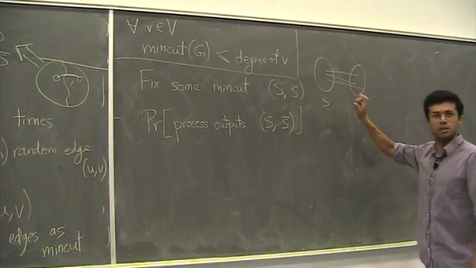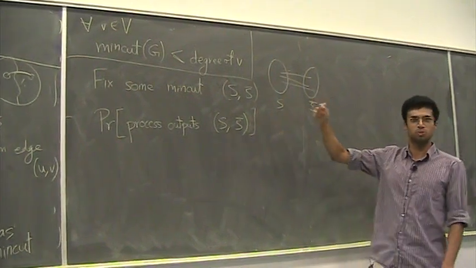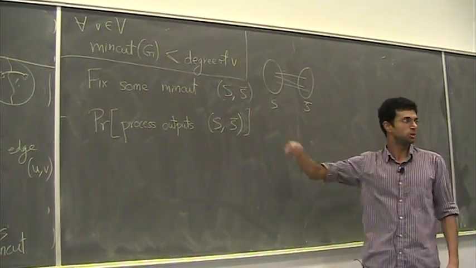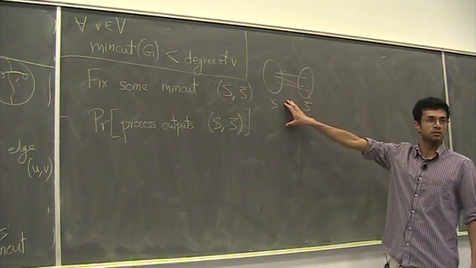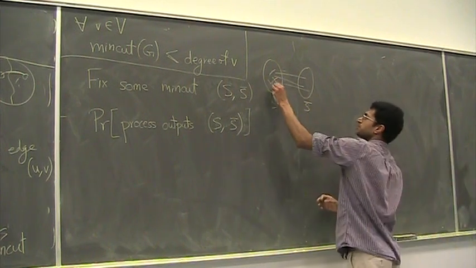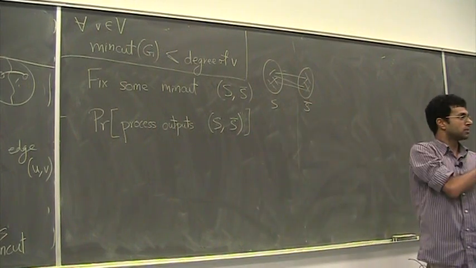So can you think about what that means? Every time you're picking a random edge, what is it that you want or do not want to happen? Here's the specific cut, here's some graph. You're picking a random edge and you're going to contract.